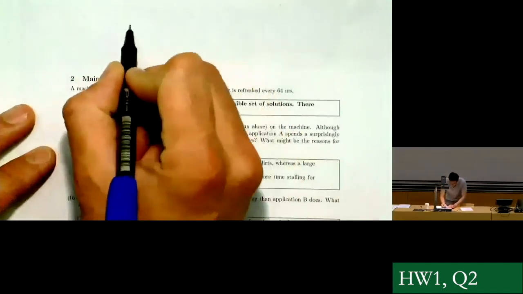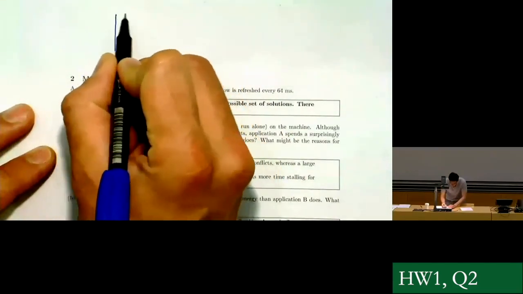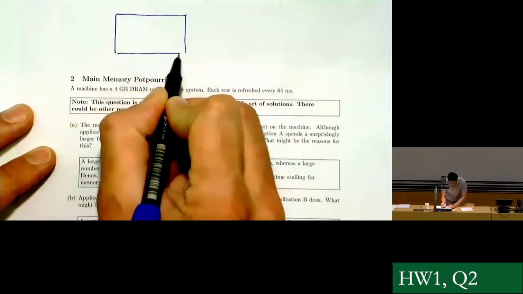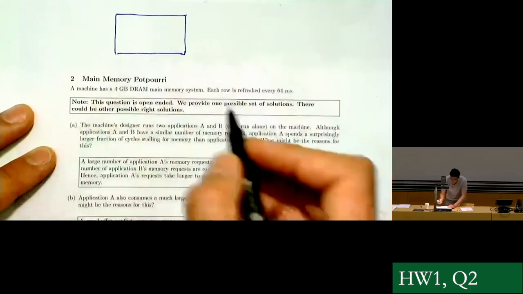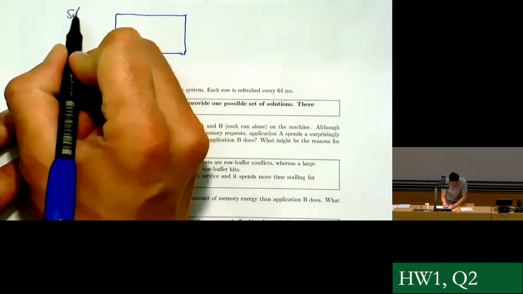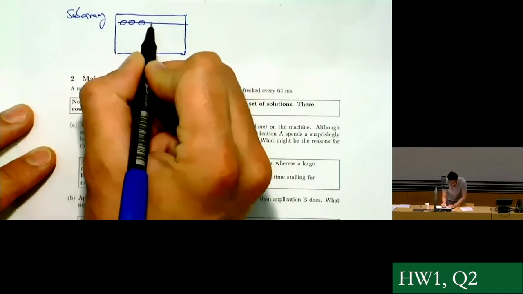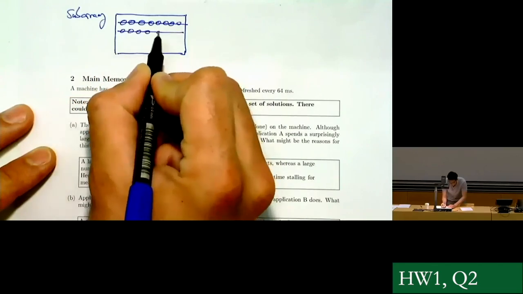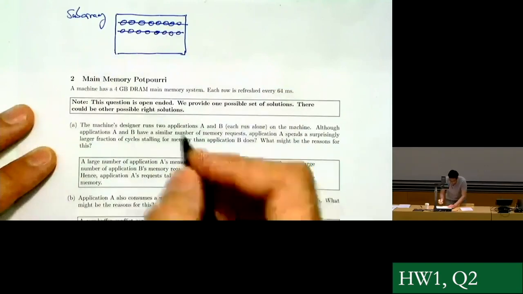So very briefly, to remind you how the memory is built, let's say this is part of the DRAM memory. This could be a subarray. And in this subarray, as you already know, we have many rows of DRAM cells. Let's draw each of these little circles as one of these DRAM cells.